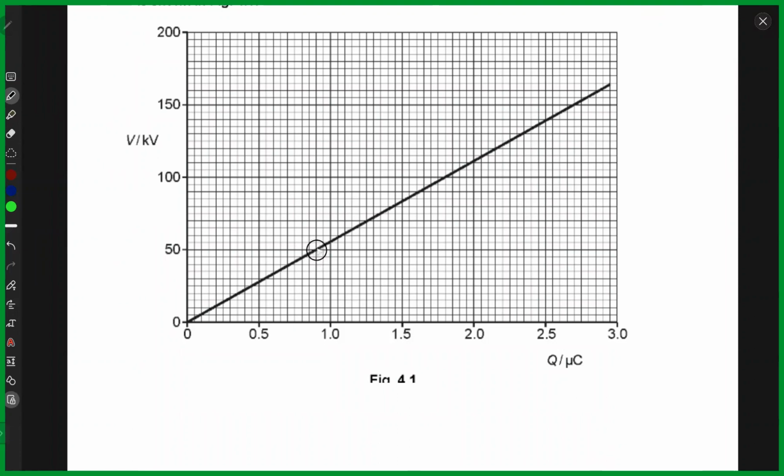It is crossing this dot, and the value for charge is, if this is 0.5, this would be 0.8, 0.9. So this would be 0.9, but remember it's in microcoulombs, and corresponding to this, the potential is 50 kilovolts.